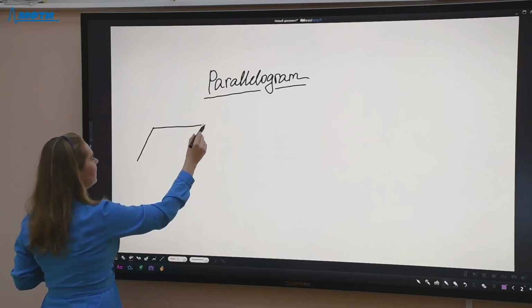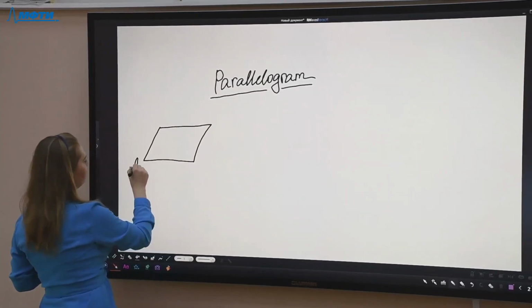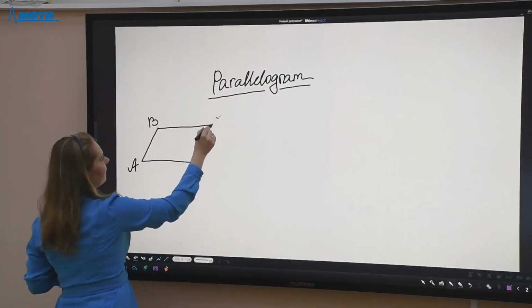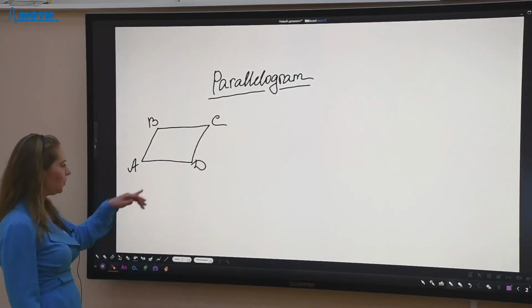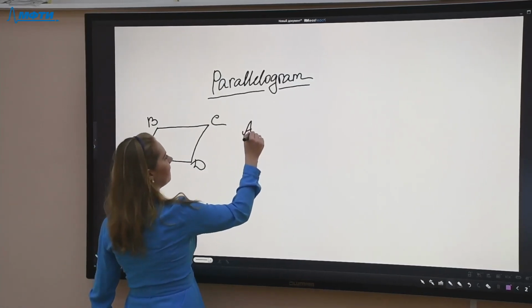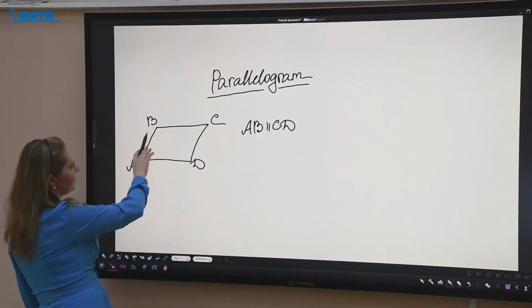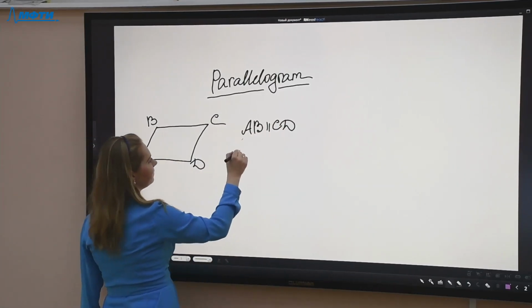So again, it is a quadrilateral. Let it be ABCD. And we have that AB is parallel to CD, as well as BC is parallel to AD.